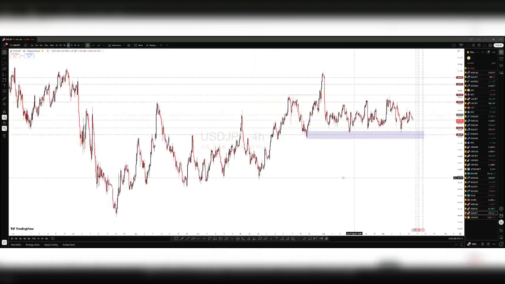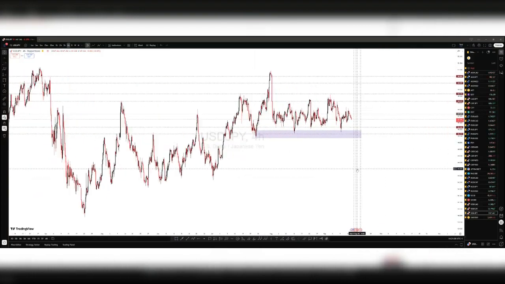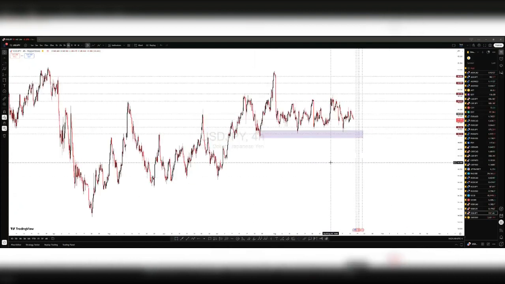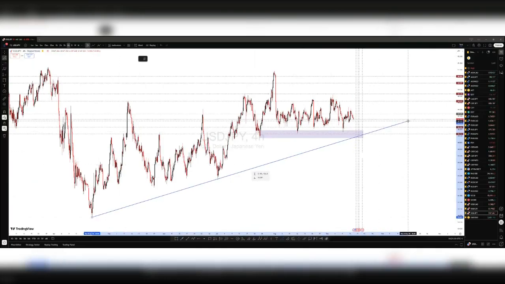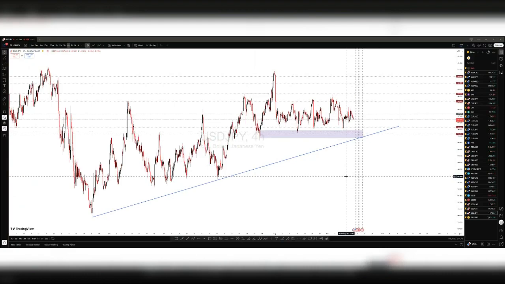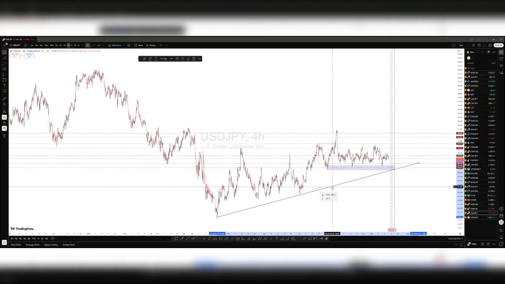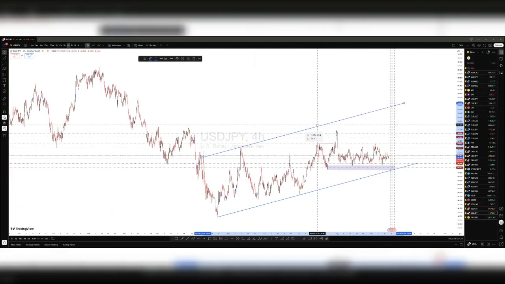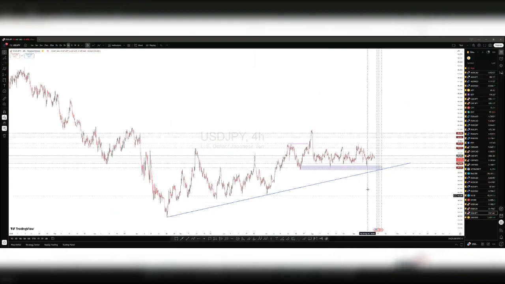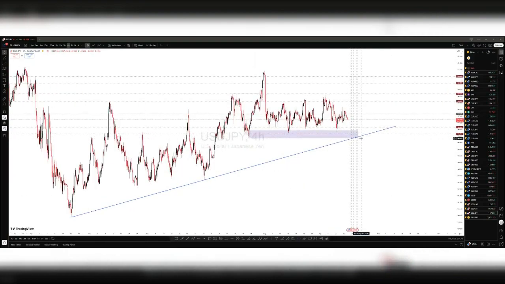So right now, unless price breaks below this low, the bullish sentiment on USD/JPY is still valid. We would consider this demand zone to still be valid. Do you get it?